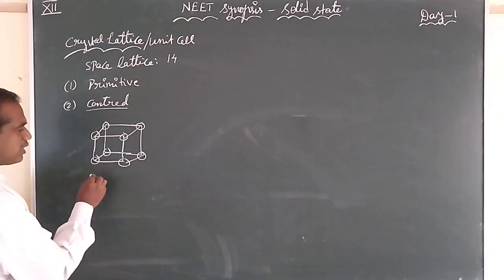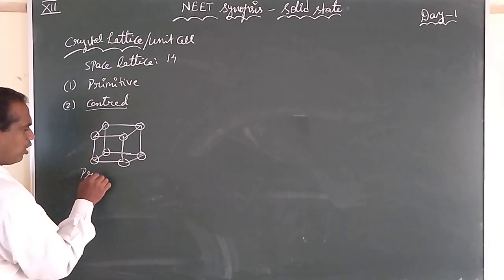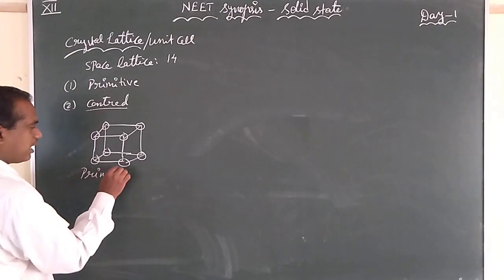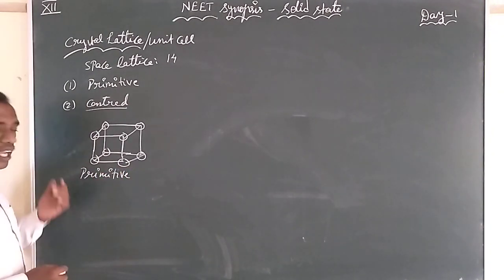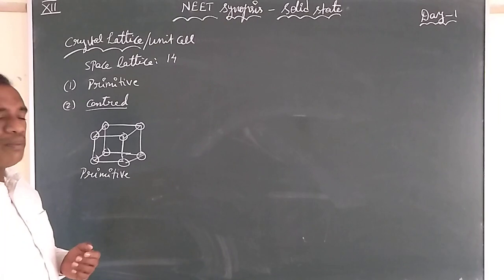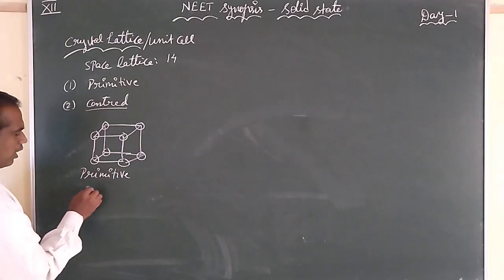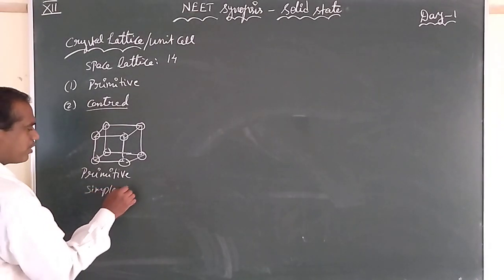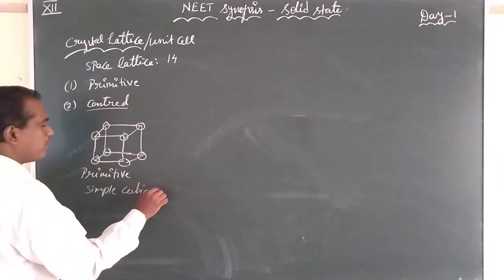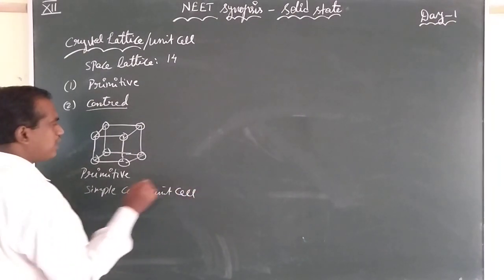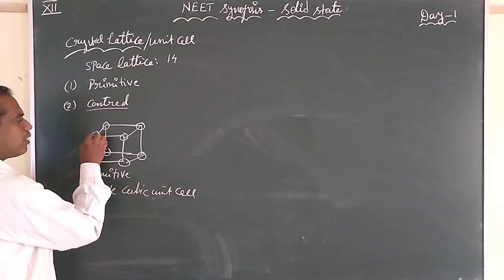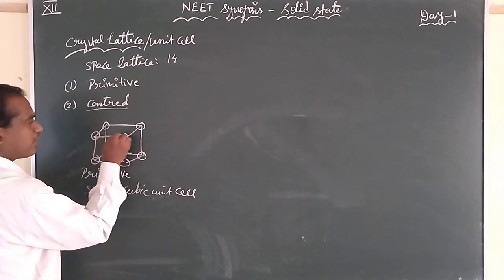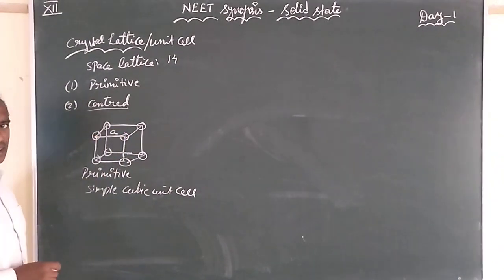This is also called the simple cubic unit cell. In the simple cubic unit cell, the points to be remembered are: this is what we call the edge length, from here to here.